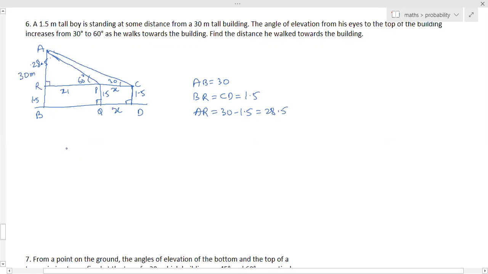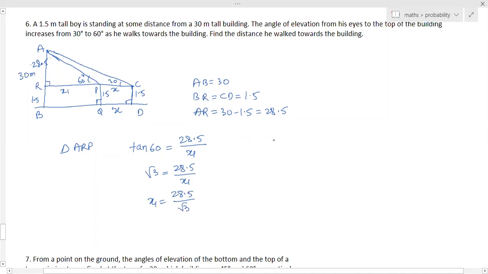So use two triangles, ARP and ARC. Tan 60 is equal to 28.5 by x1. Root 3 is equal to 28.5 by x1. x1 is 28.5 by root 3.